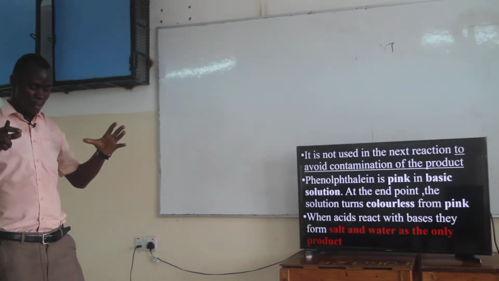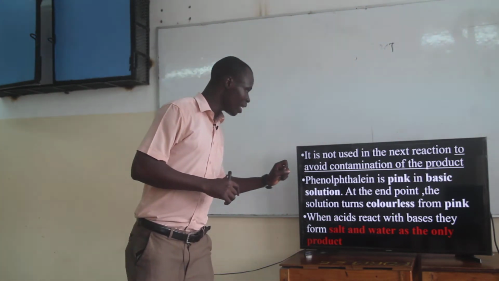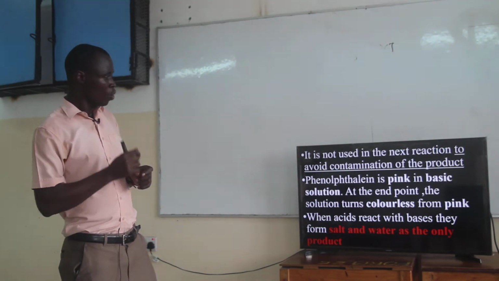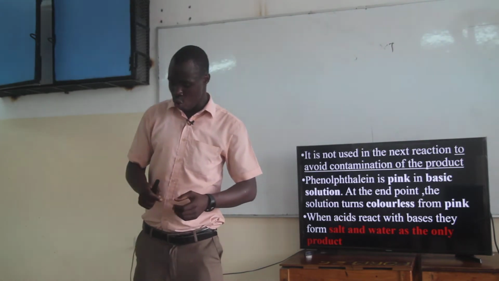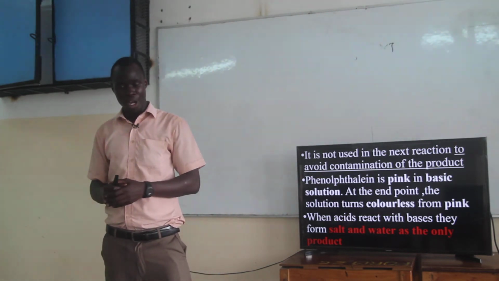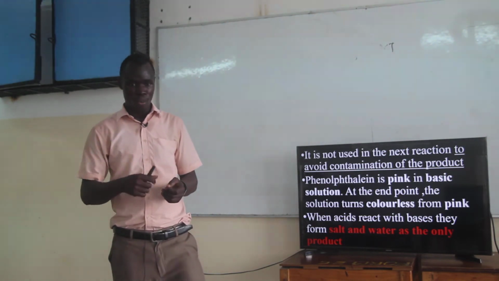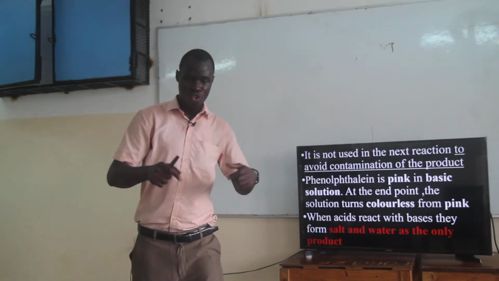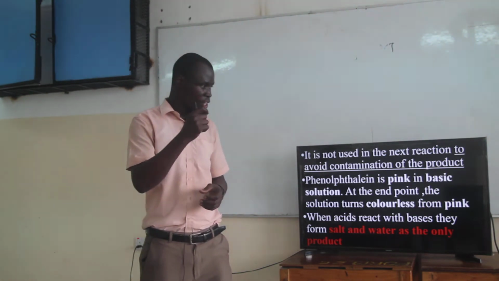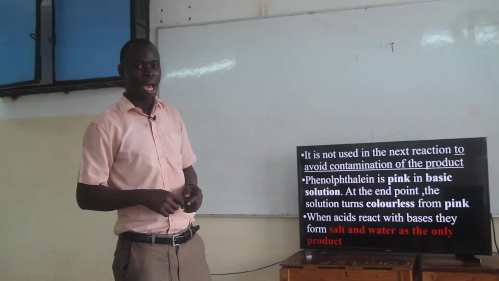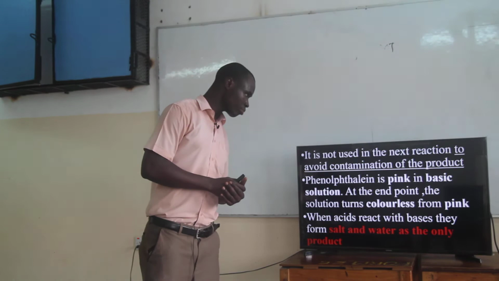There is a place where you're told this time don't use the indicator, because after you determine the amount, you need to obtain the endpoint, where one of the reactants, in this case the acid, is completely consumed. Then you don't use the indicator a second time, because it will be a contaminant. In other words, you're going to contaminate the product.